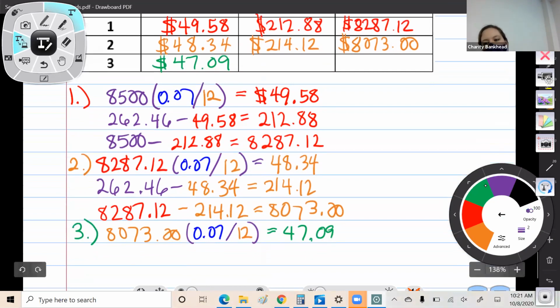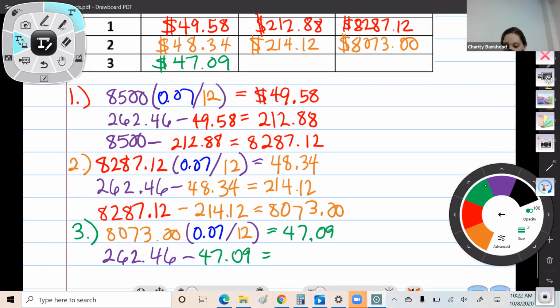And then again, your monthly payment doesn't change, $262.46 minus $47.09. That's $215.37.